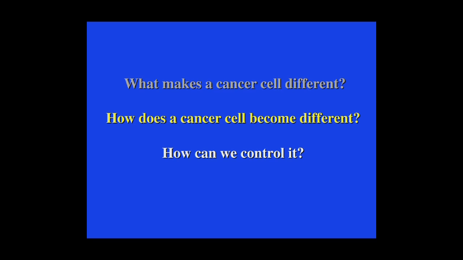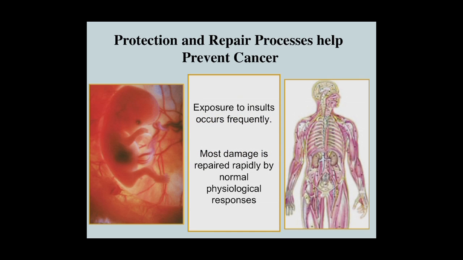So how does this happen? How does a cell or a tissue become a cancer, whether it's a stromal cell or an epithelial cell? So we've been studying that for quite a while. We know that the body is exposed to many different insults and that it tries to deal with it. And so in the 1700s, it was recognized that there was a population of boys that got scrotal cancer much, much more frequently than anybody else.